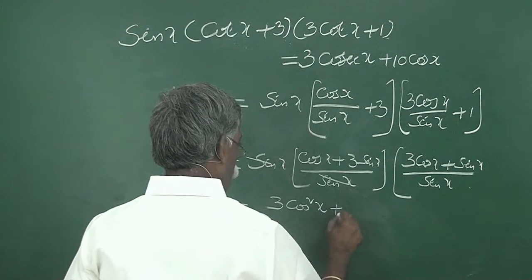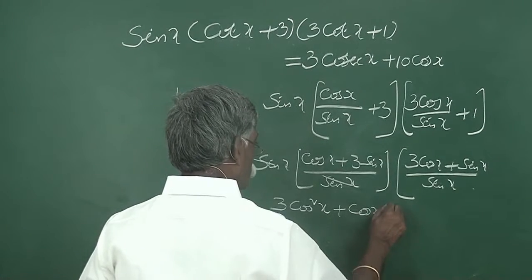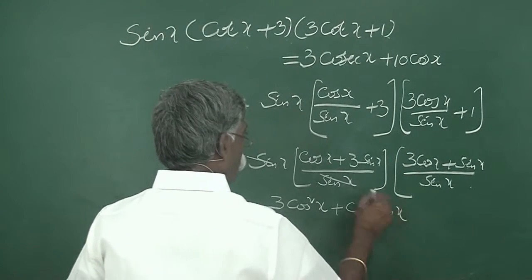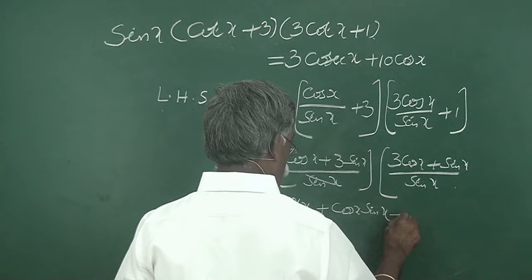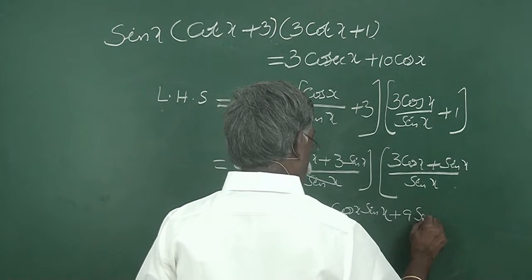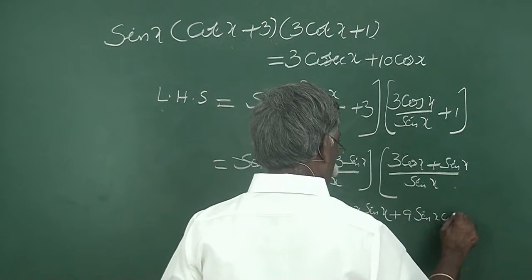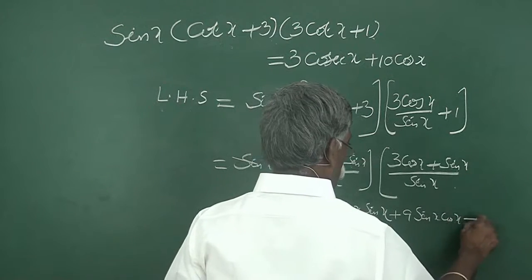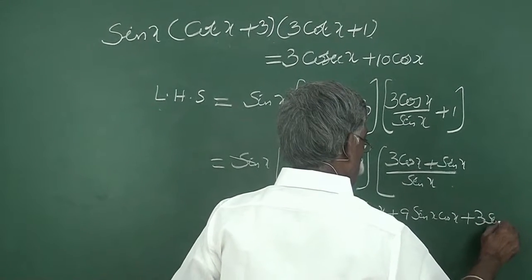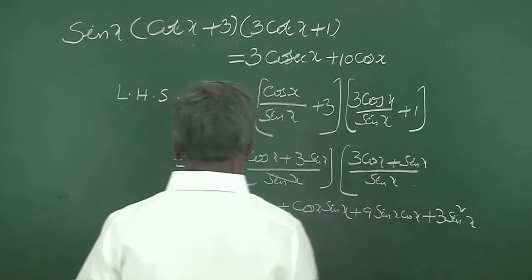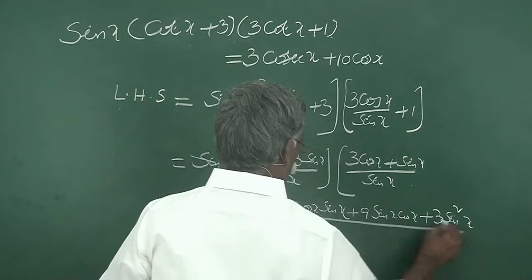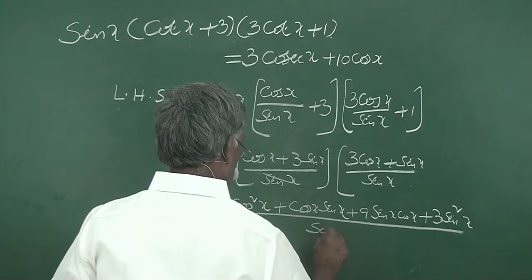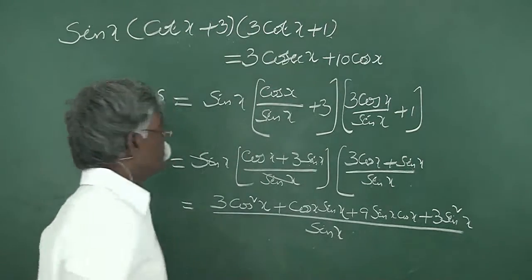Cos x into sin x is cos x sin x. 3 sin x into 3 cos x is 9 sin x cos x, plus this is 3 sin square x, and in the denominator with sin x.